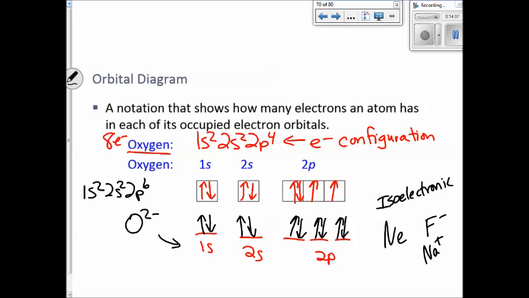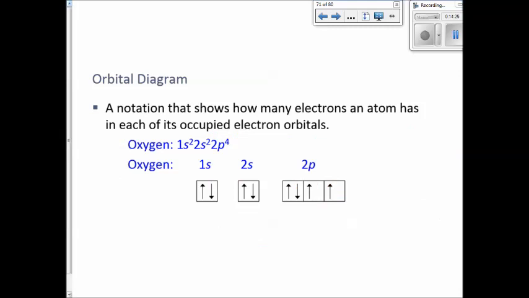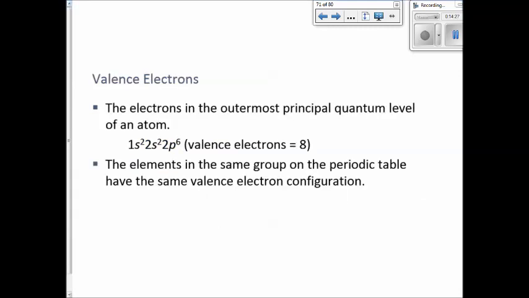So the whole point of isoelectronic configuration, and why they gain and lose electrons to look like their counterpart noble gas, is to become stable. That's why bonding occurs. Okay? So, reiterating basic points from other times. So, there's our correct orbital diagram.